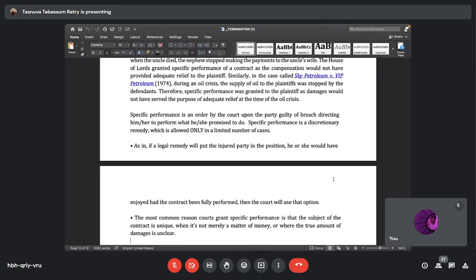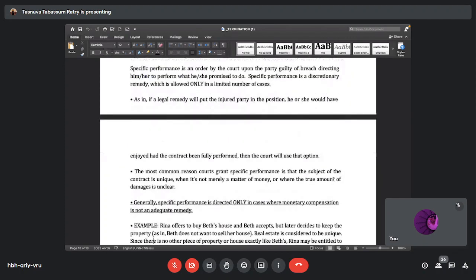In that case, they use that option of specific performance, where the party who has breached the contract is forced to perform the contract fully.